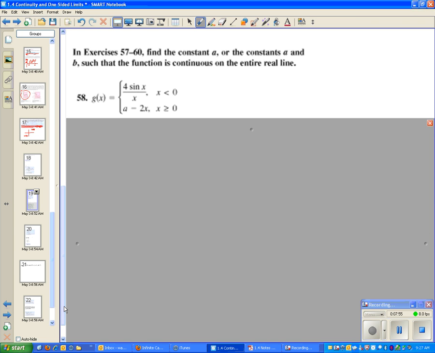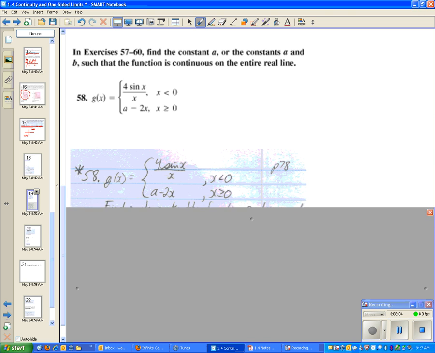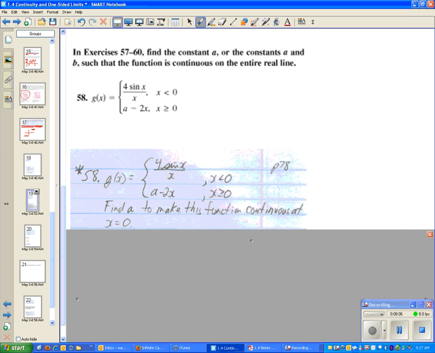Now the directions said find a or find a and b. This one just has a. So we're supposed to find a to make this function continuous at x equals 0. Now, why is 0 the only place I'm concerned with?